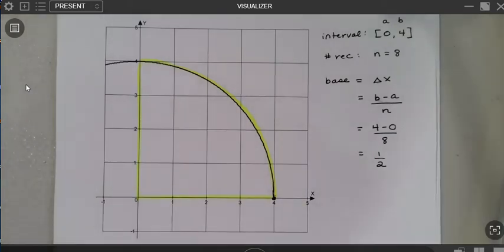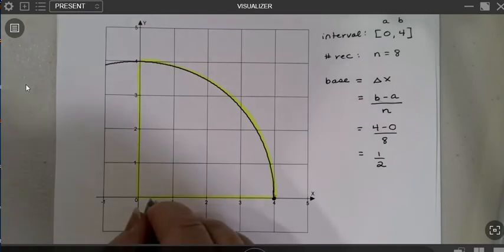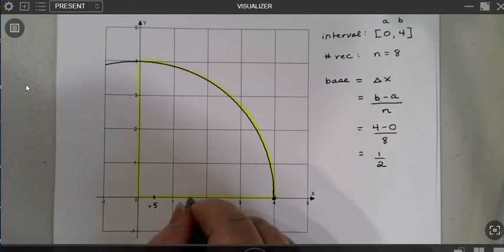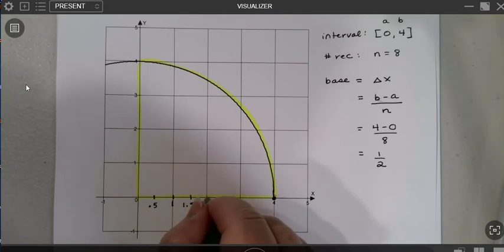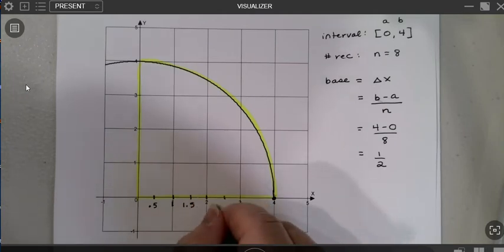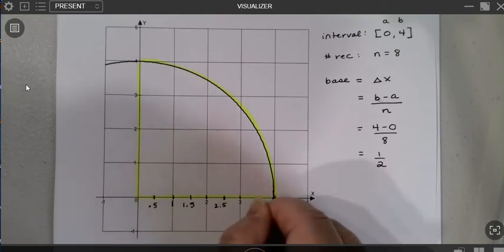All right, so if the base is going to be 1/2, I'm going to mark that off here. This would be 1/2 or 0.5, 1, 1.5, 2, 2.5, 3, and 3.5.